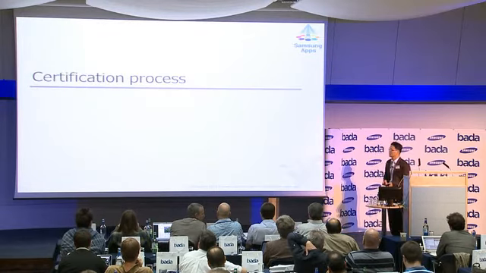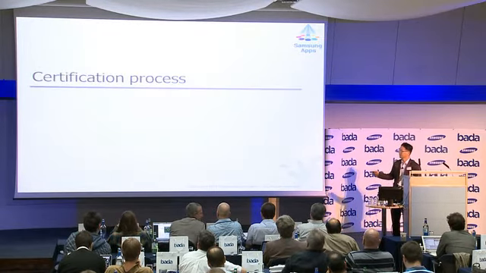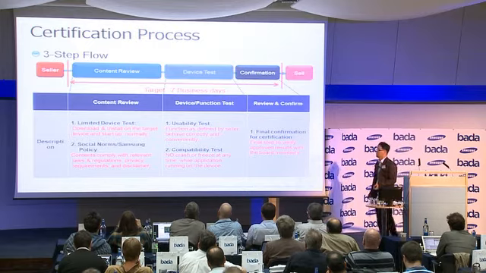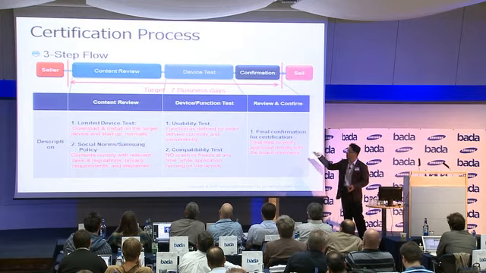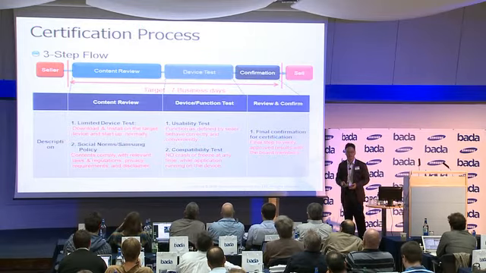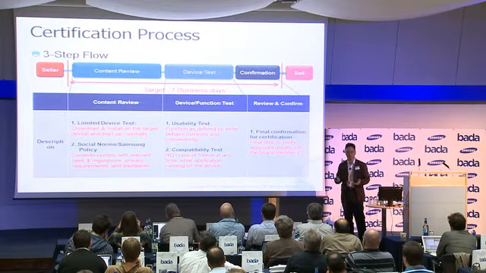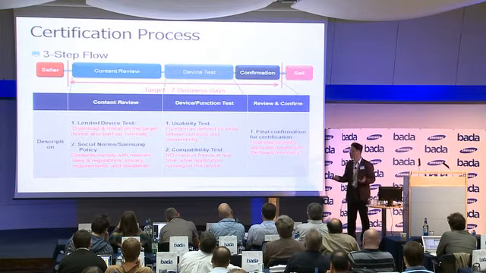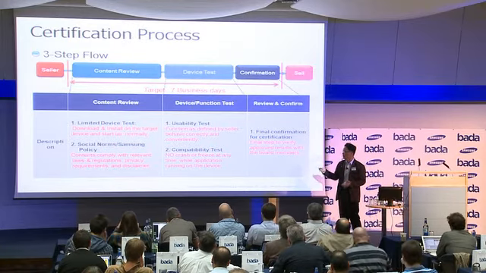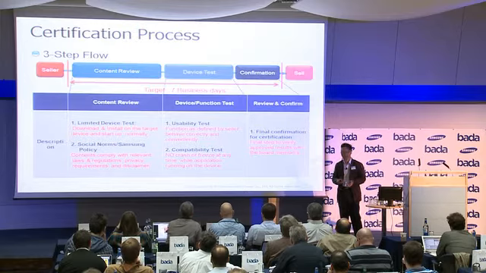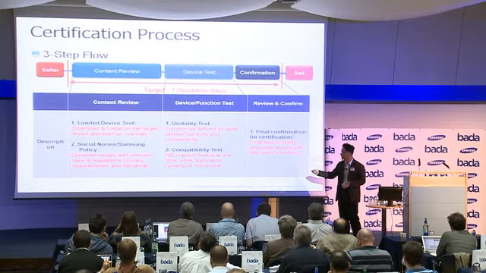Next, let's see the certification process. The Samsung certification process has three main steps: content review, device test, and confirmation. The target is 7 business days, but so far it usually takes 3 or 4 days to send the result to developers. When you submit the application, we do the first content review.